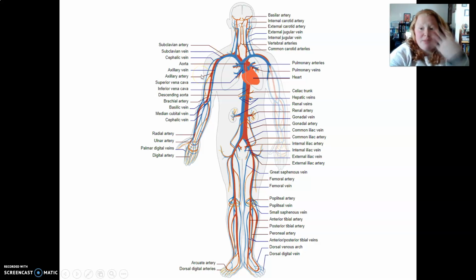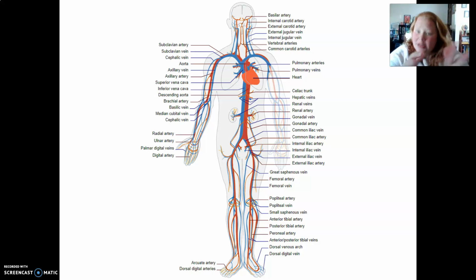This blood that's been pumped out of your heart will then go all the way to your different tissues in your body. So like sometimes it goes down to your fingers, sometimes it goes down to your toes, sometimes it goes to your kidneys. So it circulates throughout your body and it drops off whatever it's carrying.